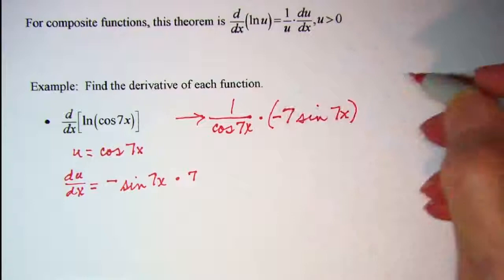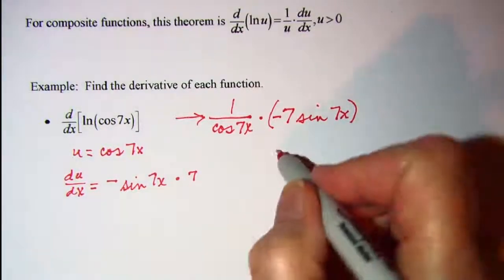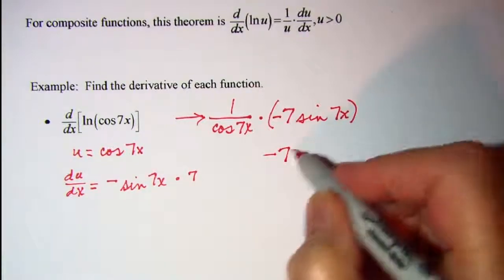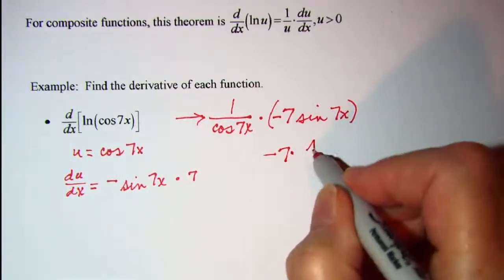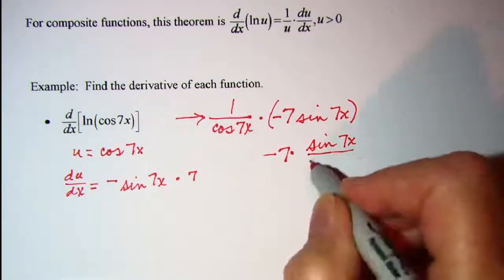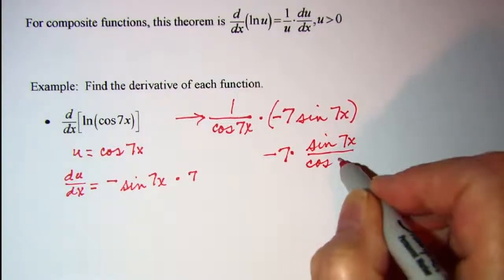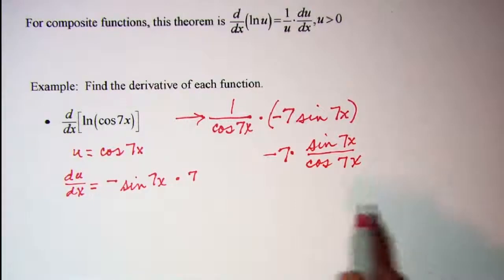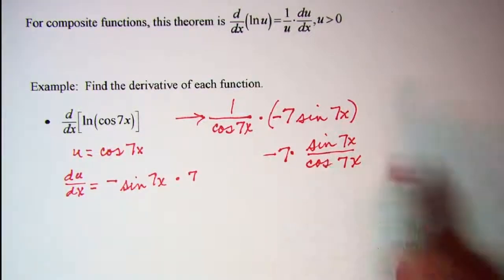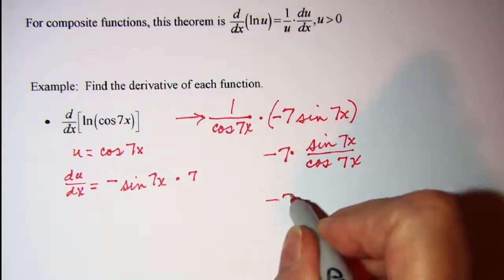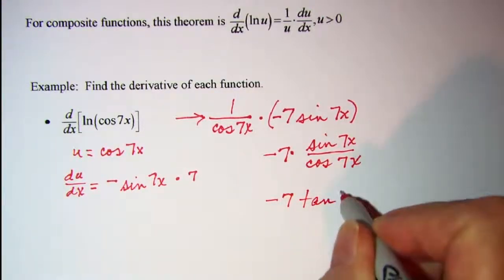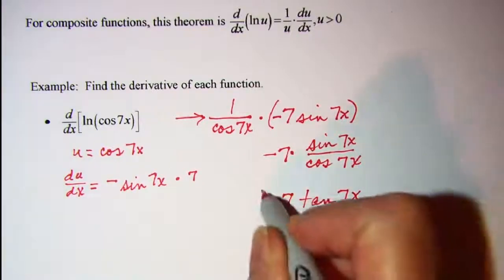Now let's bring our 7 in front, and then we have sine 7x over cosine 7x, and this ratio is our tangent ratio. So our derivative is negative 7 tangent 7x.